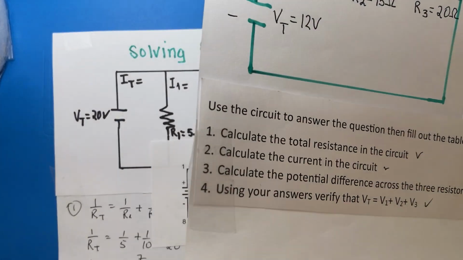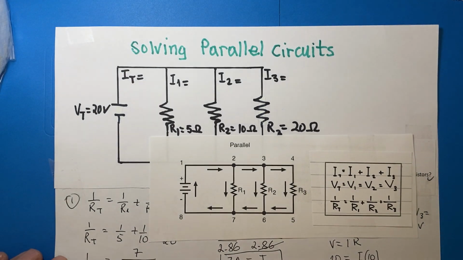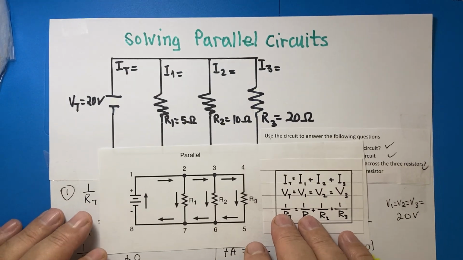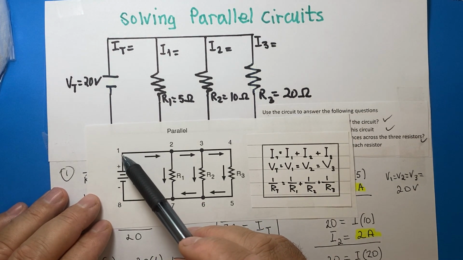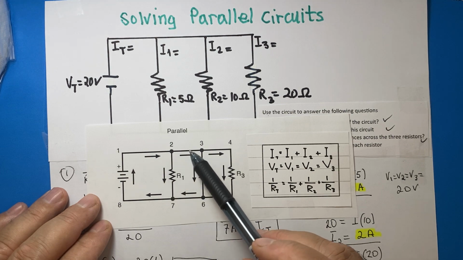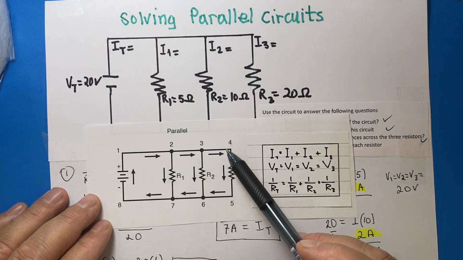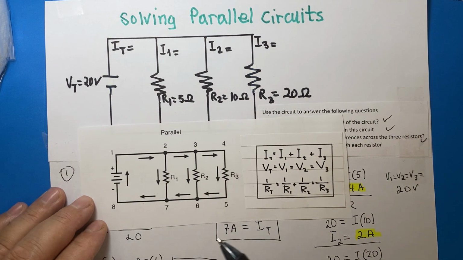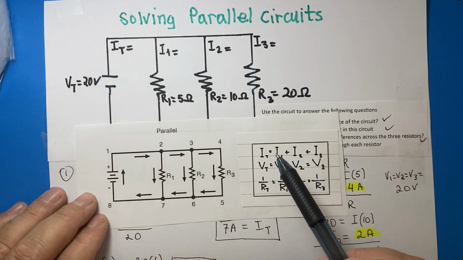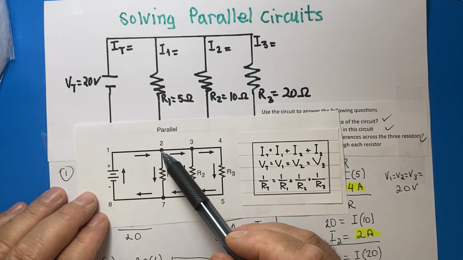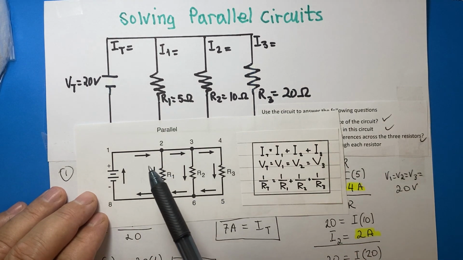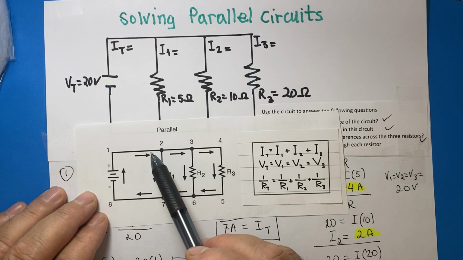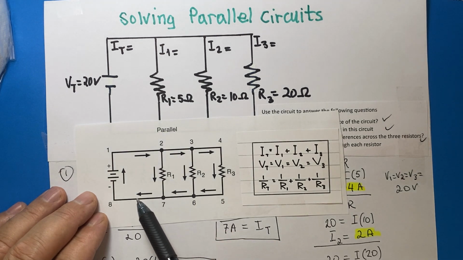Now let's go to solving parallel circuits. To solve parallel circuits, we need to recall that there is more than one path for electrons to flow in this parallel circuit here. Total current is I1 plus I2 plus I3. So there is more than one way for the electrons to pass through the circuit.